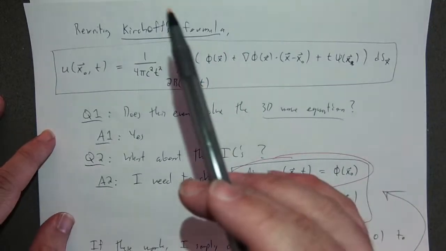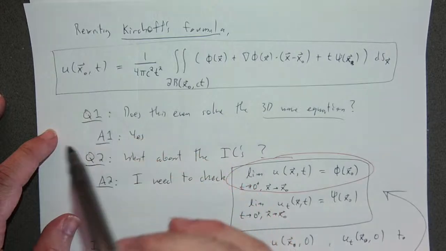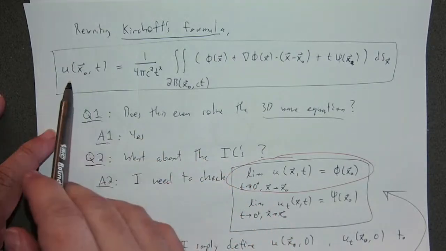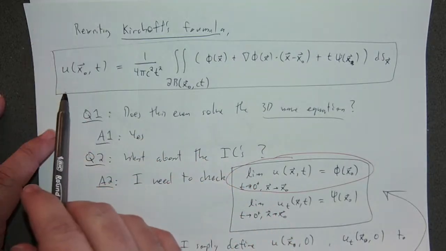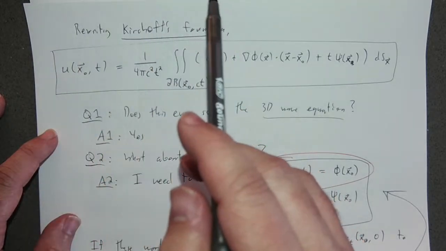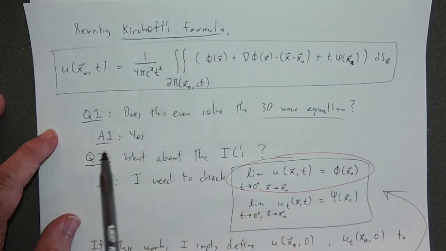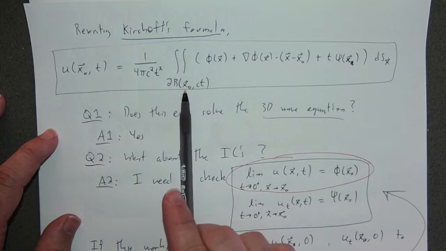So what is it that is happening here? Here's Kirchoff's formula. I have fixed x naught and fixed t at some position in time. The displacement is given as some kind of average over a sphere of radius ct centered at x naught.